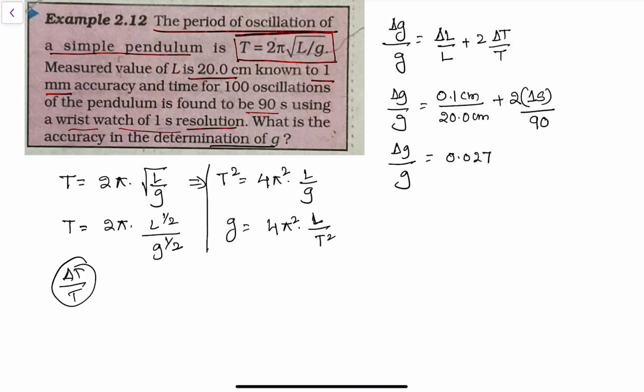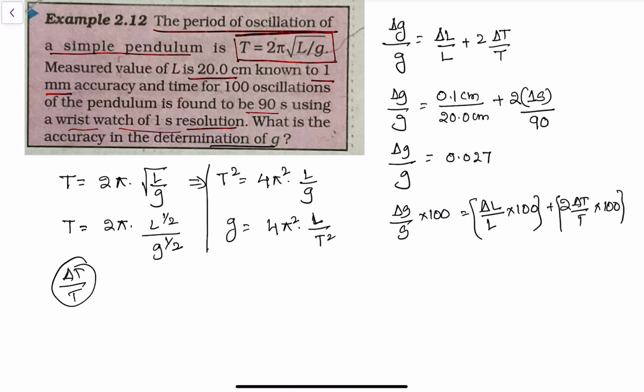Now multiply with 100 to find the percentage error. We simply multiply with 100 on both sides. Delta g by g into 100 is equal to delta L by L into 100 plus 2 into delta T by T into 100.